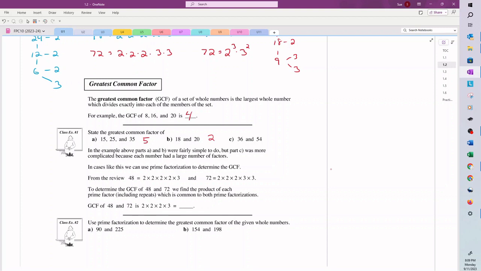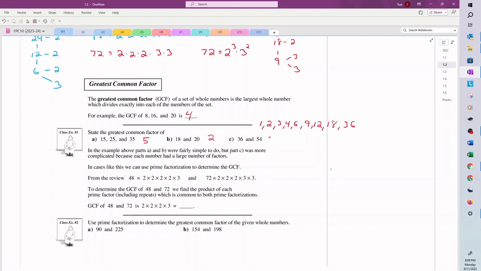So 36, we have 1, 2, 3, 4, 6, 6 times 6, 4 times 9, 3 times 12, 2 times 18, and then 36.